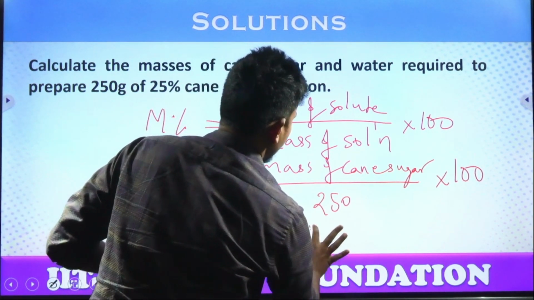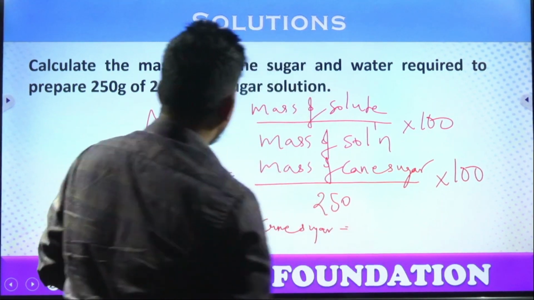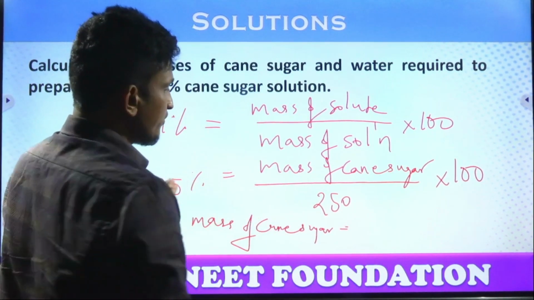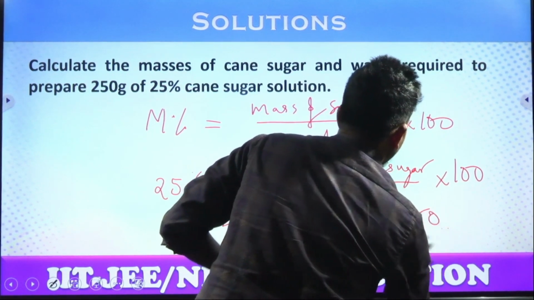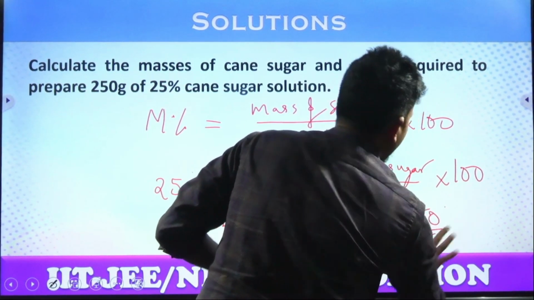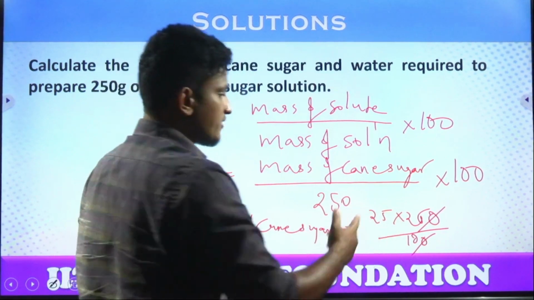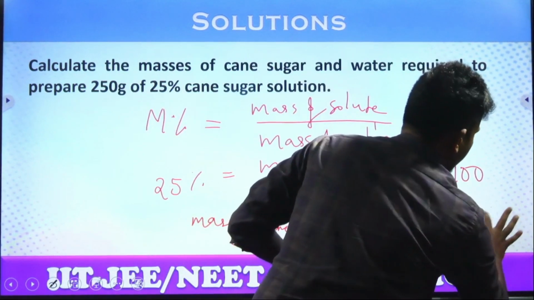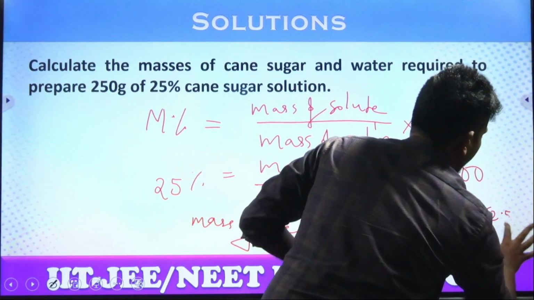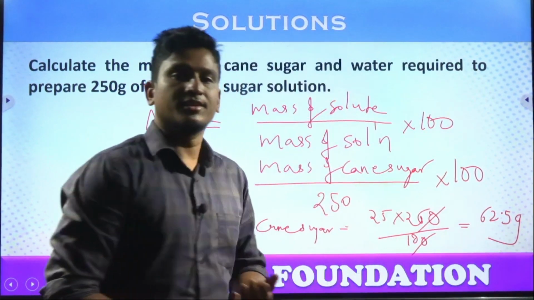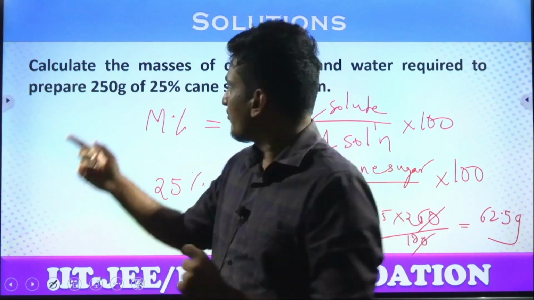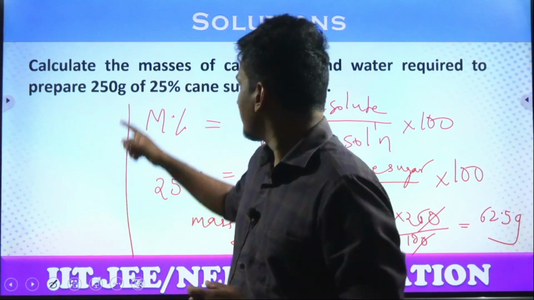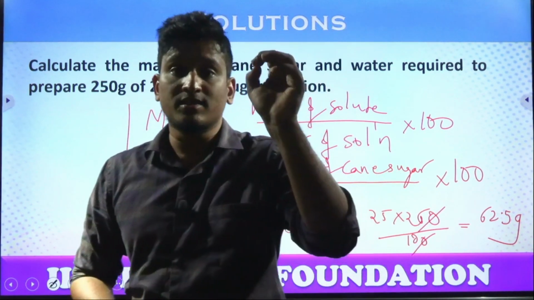Mass of cane sugar equals 25 into 250 by 100, right? The 0 will be cancelled out. 25 into 25, how much? 625 by 10, which is 62.5 grams. That's it. 62.5 grams is the mass of cane sugar. But reread the question: we need to find the mass of cane sugar as well as the mass of water also.